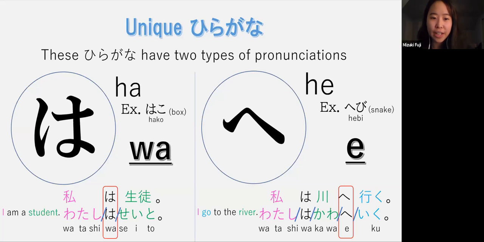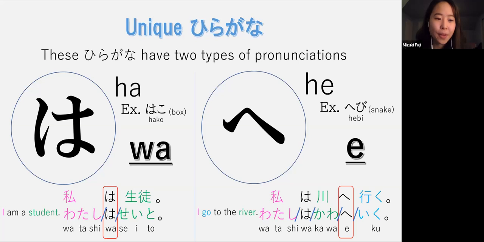Japanese is so unique. The hiragana ha and he have two types of pronunciations. Ha is also pronounced wa. He is also pronounced e. To explain it simply, ha and he are used to connect word to word. When they are used that way, we pronounce them wa and e.